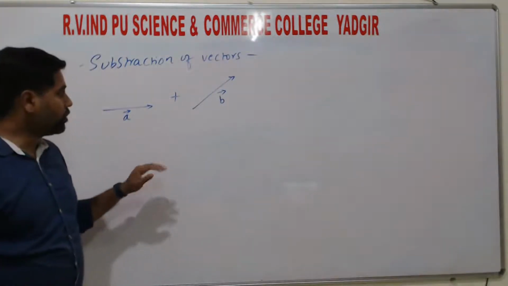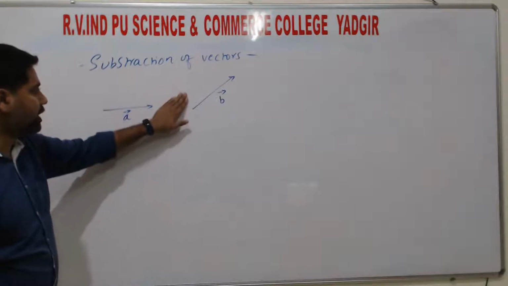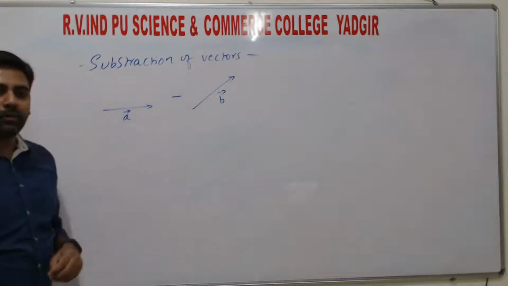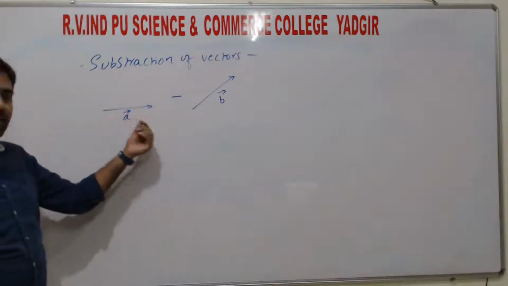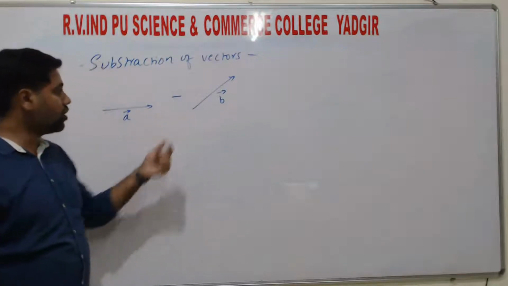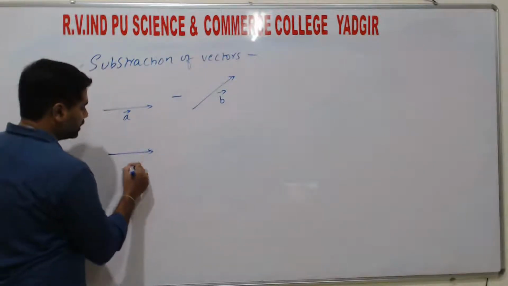So now if you observe here, if you want to subtract vector A minus vector B, this can also be written like this.